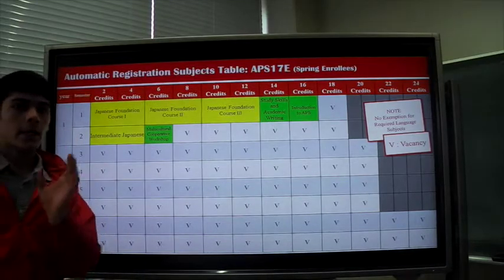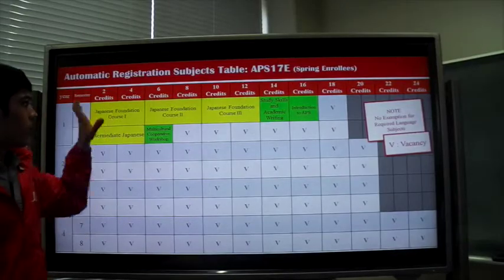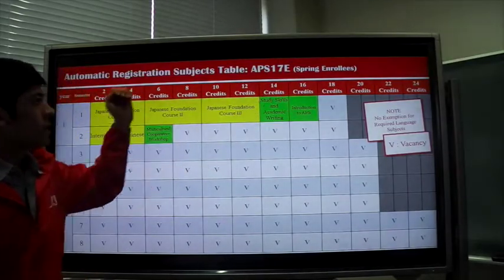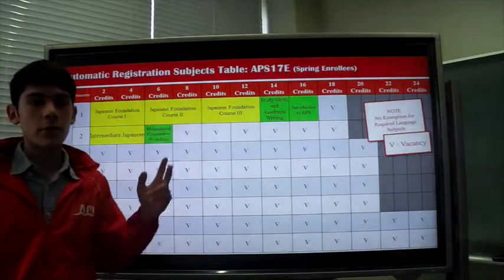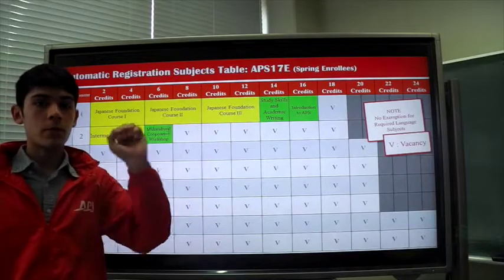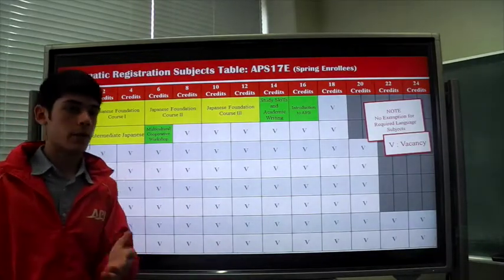If you get exempted from the foundation course, for example 1, this will become free, and it means that only 12 credits will be automatically registered for you, and 6 credits, which means 3 subjects, will be free for you to choose by yourself.